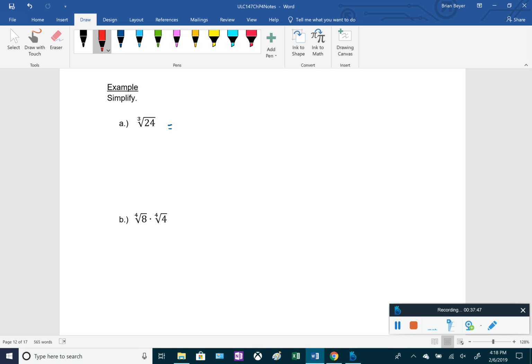So perfect cubes would be something like 1 cubed, 1 raised up to anything, so that doesn't really matter. 2 cubed is 8. 3 cubed is 27. 4 cubed is 64. 5 cubed, 125, and that's all I know off the top of my head. So we would be looking for these numbers on the right side. These are perfect cubes.